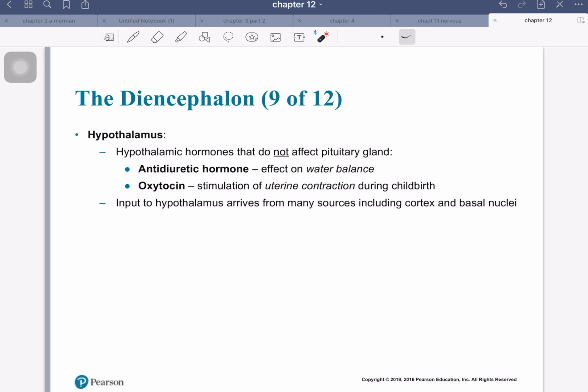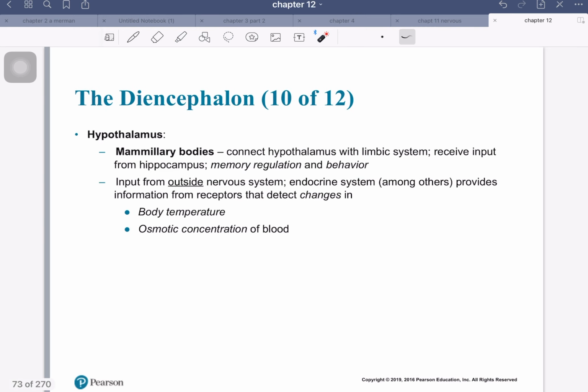Now, as I said, the hypothalamus, because it's so important in controlling the anterior and posterior pituitary and its functioning, receives a lot of input from many sources of the body, and that includes the cortex and even the basal nuclei. Okay, when we're looking at the hypothalamus, associated with it are these things called the mammillary bodies.